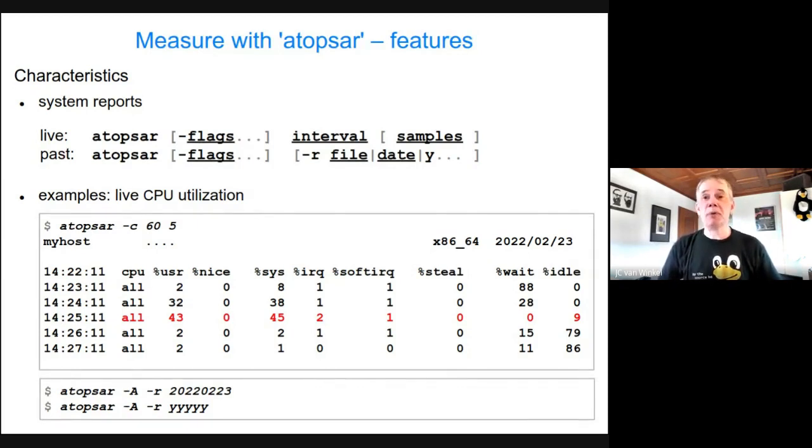There are many people who have built scripts that read SAR data and then create graphs and what have you. So Atop SAR will gladly give you the same data that SAR used to give you. And of course, this is not just for CPU. This selects the CPU, but you can do the same thing for networking, and you can get it per process, and it's really neat.